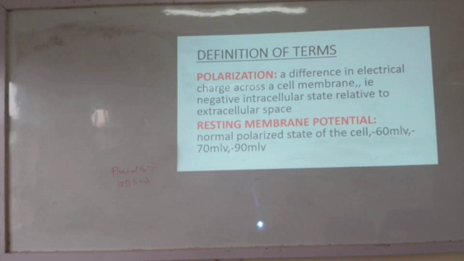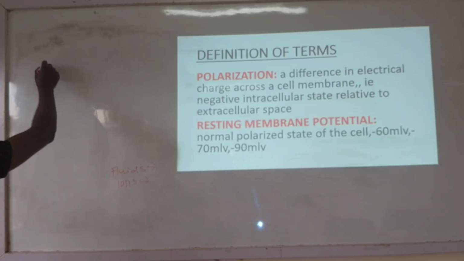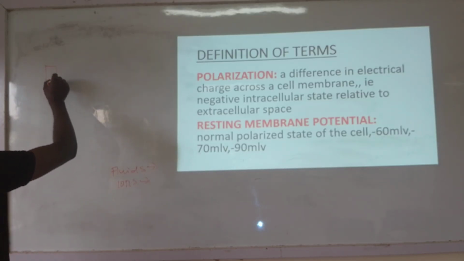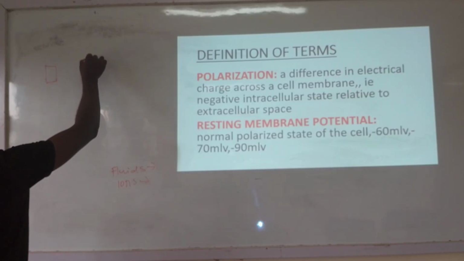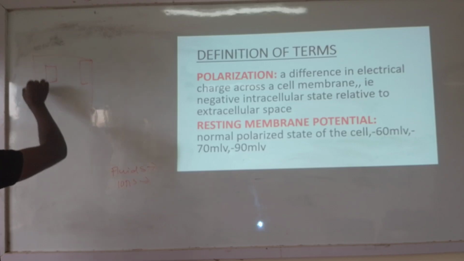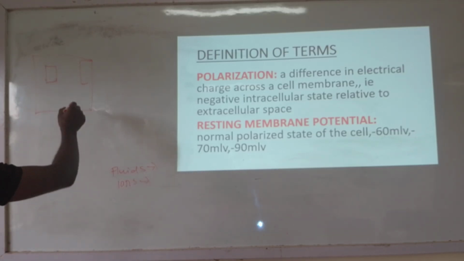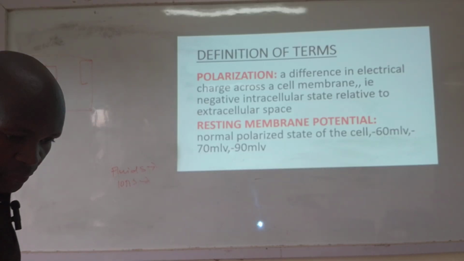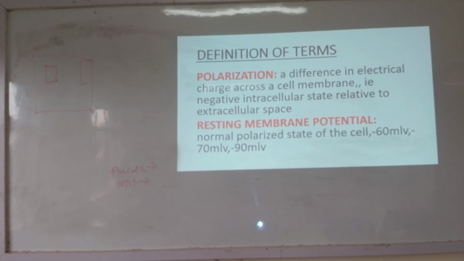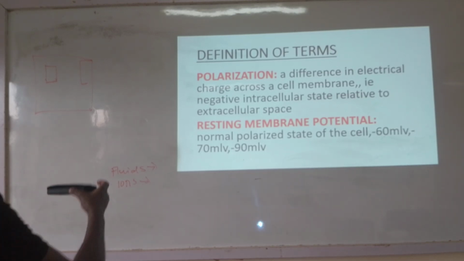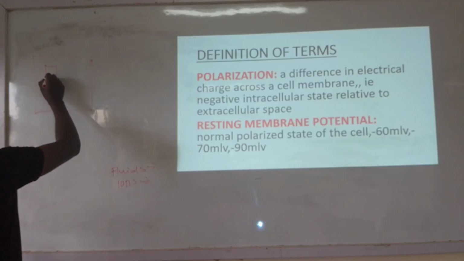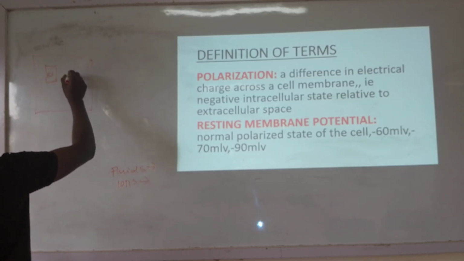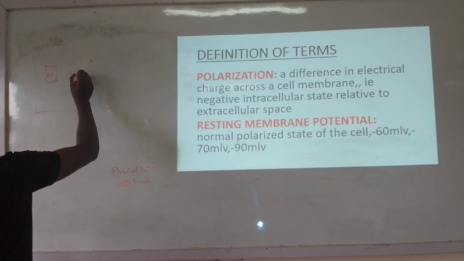For example, if I have a human cell here, then I have extracellular space here. Let's assume we are using one cell. This one is intracellular space, and this one is extracellular space.